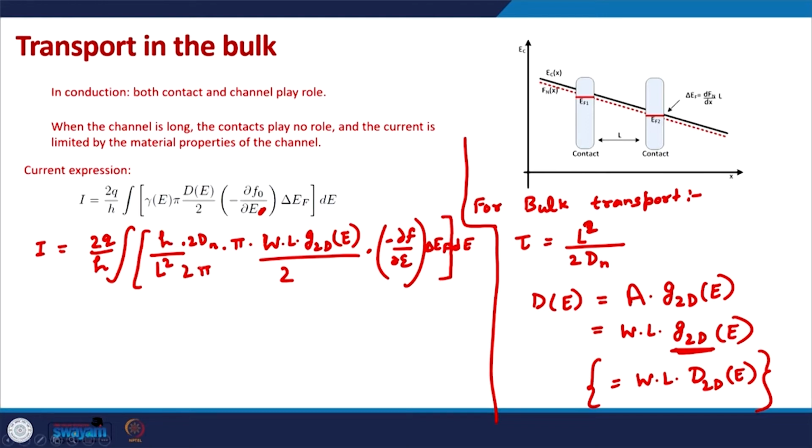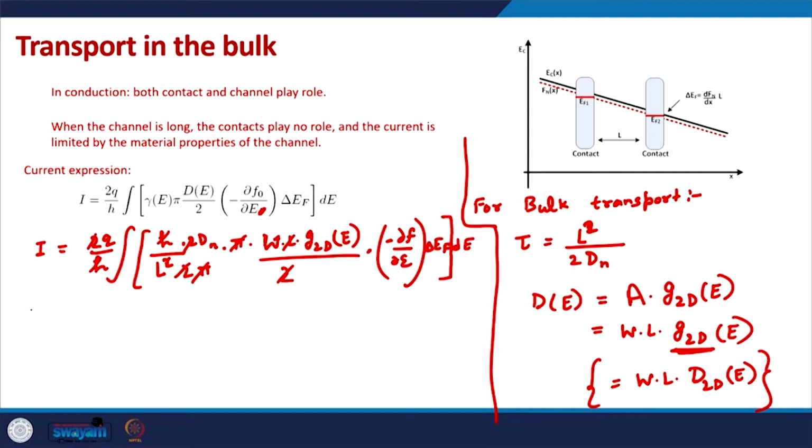Now looking at everything here, pi and pi cancel, L eliminates one of the L's, 2 and 2 cancel, h and h cancel.